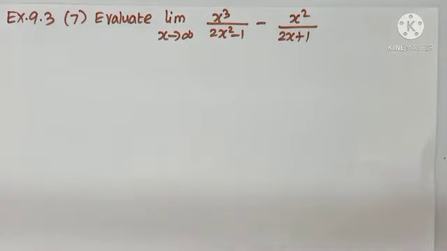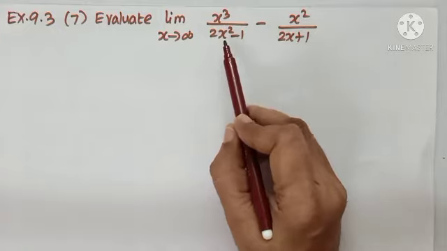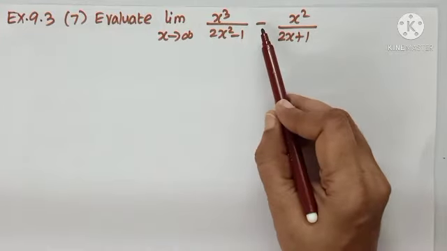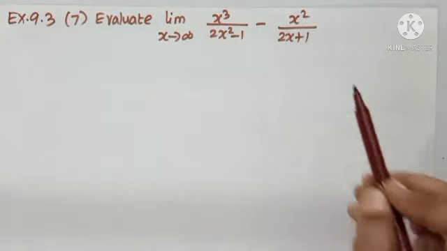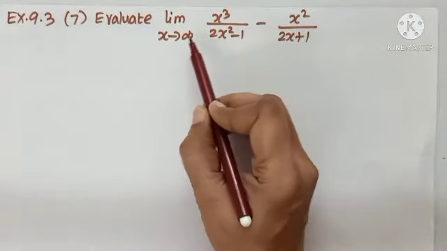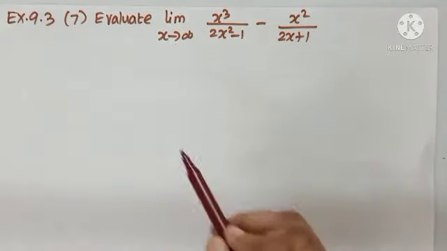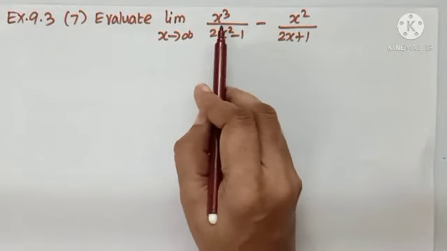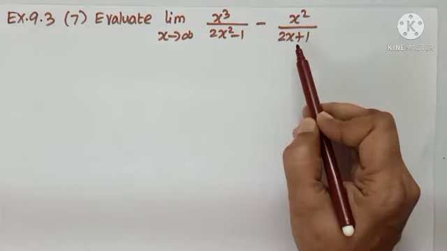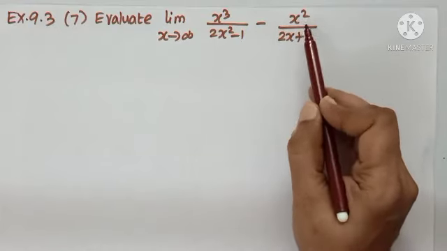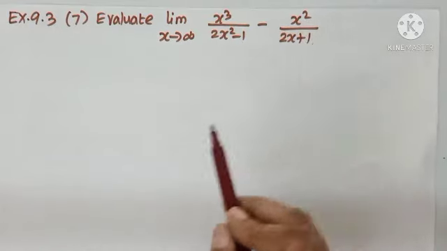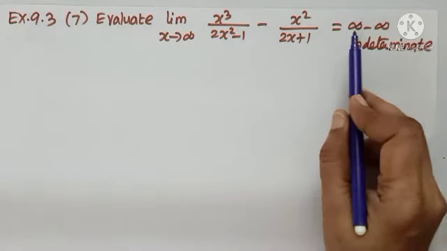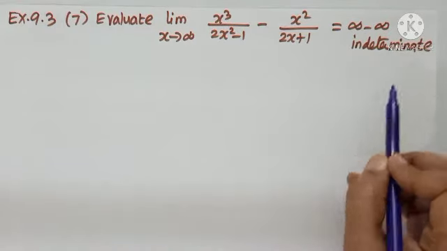Question number 7. Evaluate limit x tends to infinity of x cube by 2x square minus 1 minus x square by 2x plus 1. If I directly apply limit x tends to infinity, the numerator power is more, so this is infinity. Again here, the numerator power is more, so this is also infinity. We get infinity minus infinity, that is indeterminate.